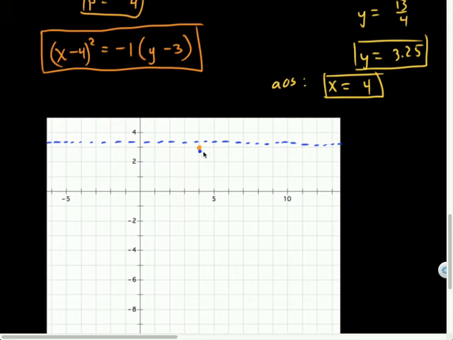So over 0.5, perpendicular to that, I get a little square right there, and over 0.5 this way as well. So my parabola is going to be something like this. And it's also, of course, symmetric over the axis of symmetry, something like that.